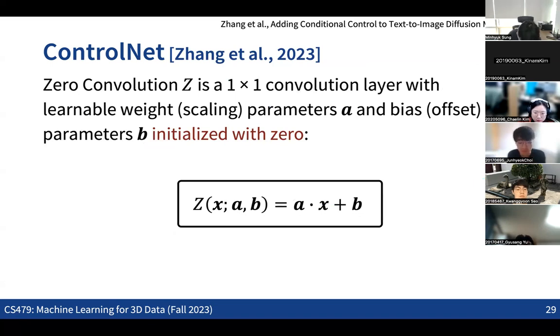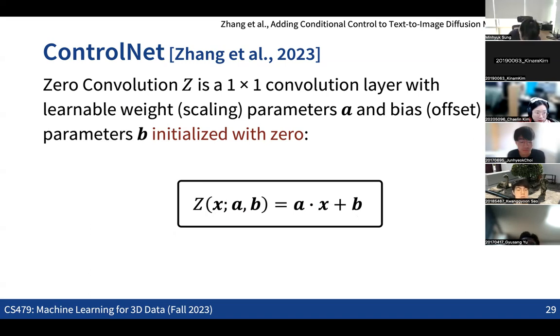The reason we call this a zero convolution is that we initialize both A and B to be zero, which means that whatever input you feed at the very beginning, before you start the fine tuning, the output will be zero.